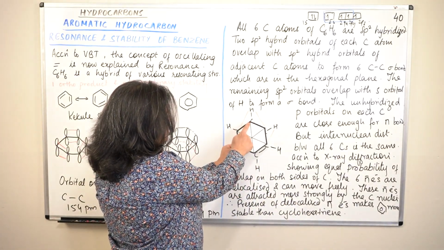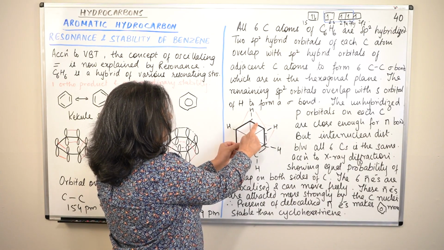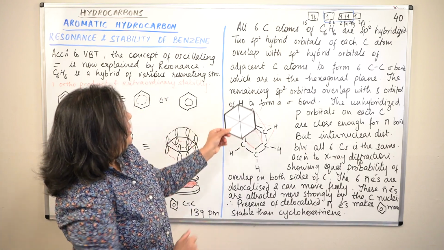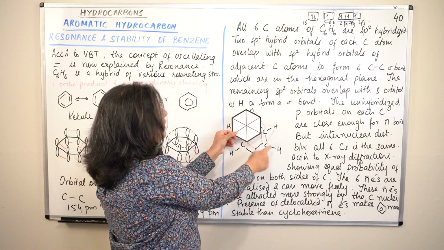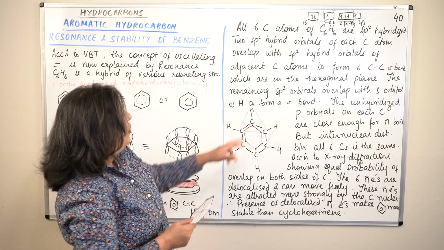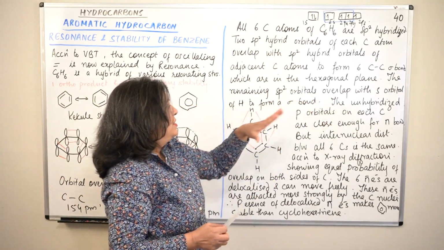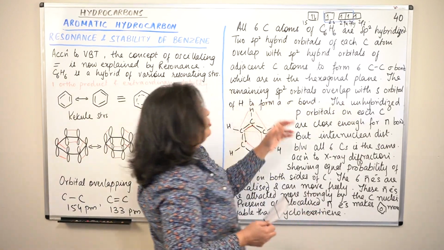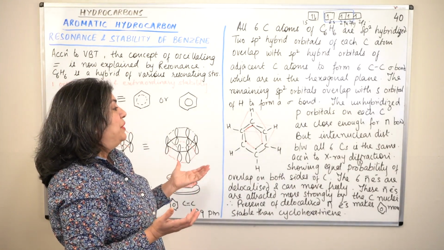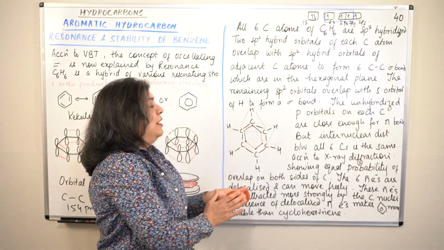The remaining sp2 hybridized orbital of every carbon forms a single bond with hydrogen. Hydrogen has only an s orbital, so it overlaps with it to form a sigma bond. Then the unhybridized p orbitals on each carbon are close enough for a pi bond.